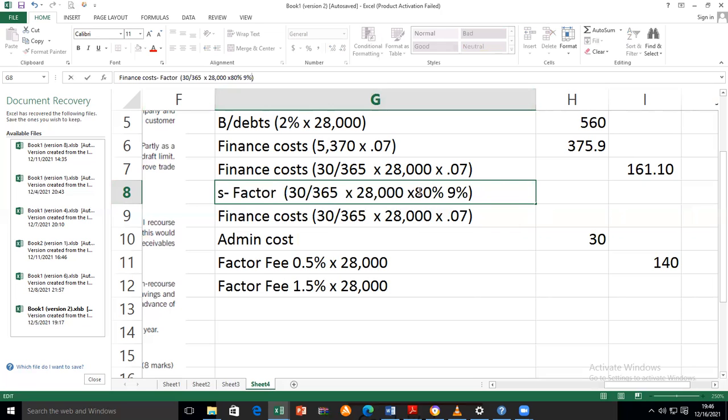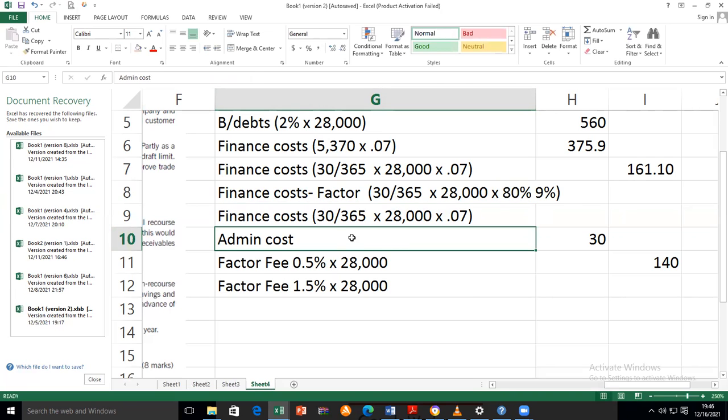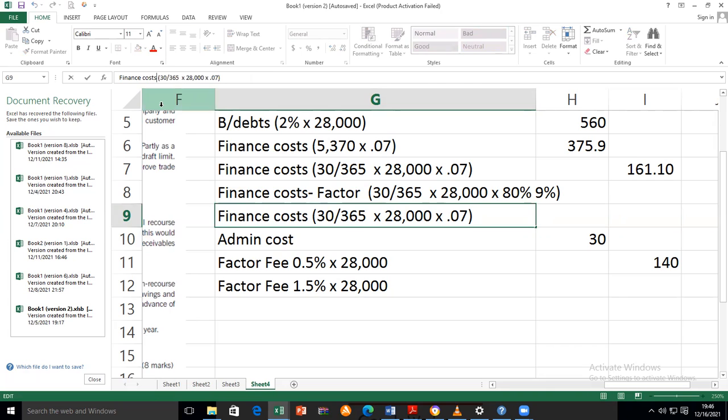That's how much the factor is charging. What of the balance? Where will the balance come from? Overdraft. Yes, overdraft. And what proportion of the money is coming from there? 20%, at 7%. Yes.